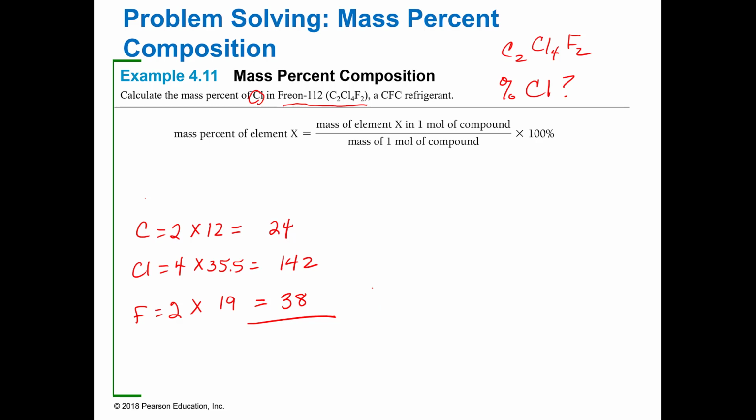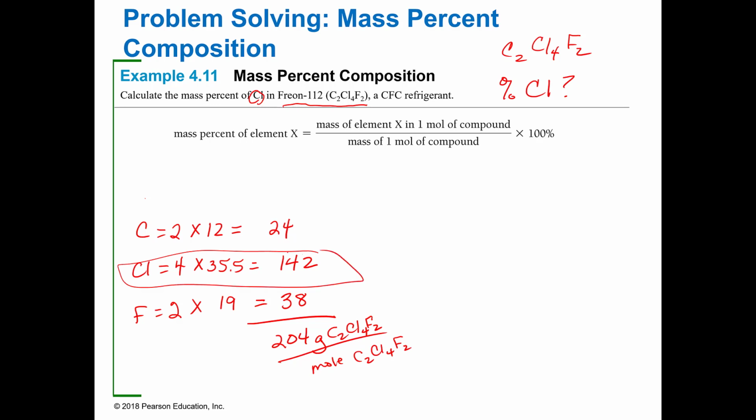And so when I add all that together, I get 204 grams of C2Cl4F2 per mole of C2Cl4F2. The reason I do it this way is because if I've already calculated how much chlorine's in there, then all I have to do is put it in there.